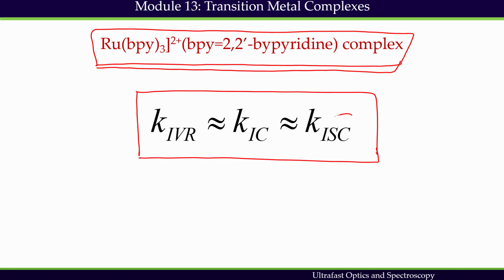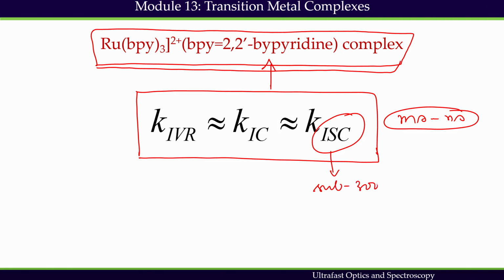In particular, ISC, which is assumed to occur most of the time on a millisecond to nanosecond time scale. This is the assumption, this is mostly what we have seen, but in this complex this occurs in a sub 300 femtosecond time scale, and this is the biggest surprise one can have, and that breaks down the traditional picture of our photochemistry.